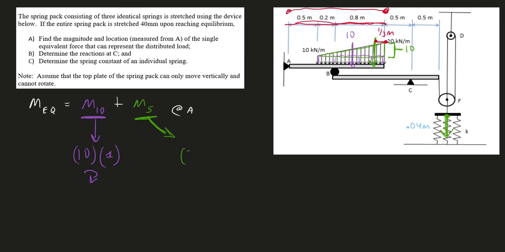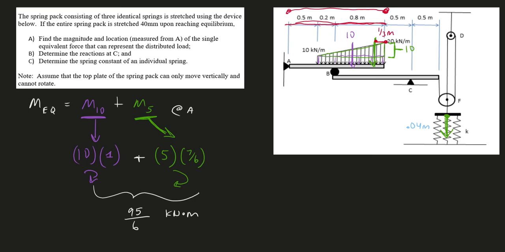So that will be 7/6. And that force, like we discussed, is 5. The moment from this triangle is also going in the clockwise direction, so I can just add both of these because they're going in the same direction. So the total moment from both these guys, doing that math, is going to be 95/6. Of course, the units will be kilonewtons times meters.